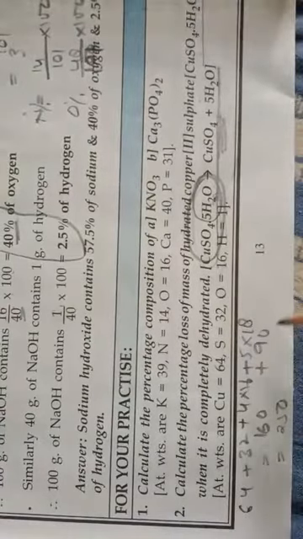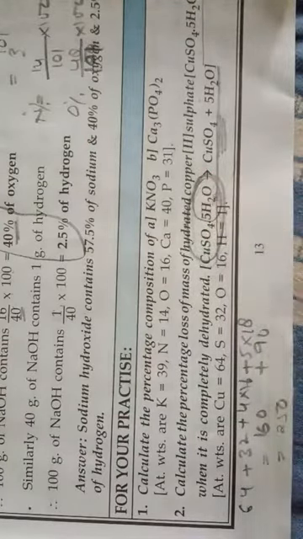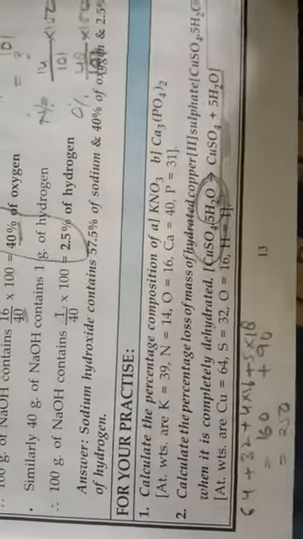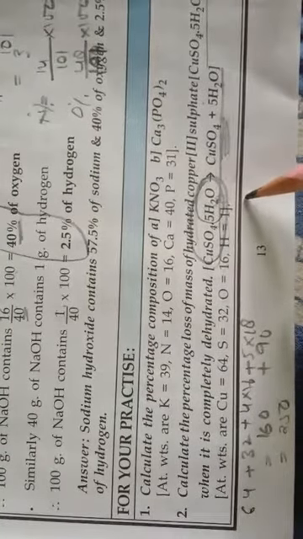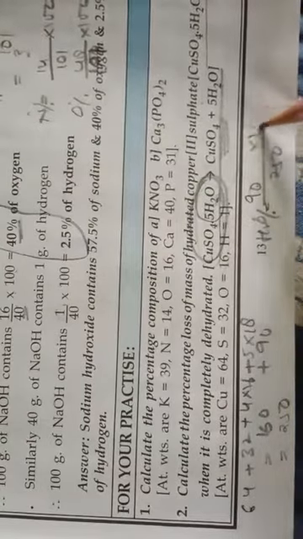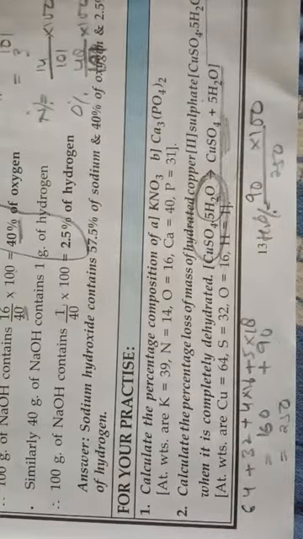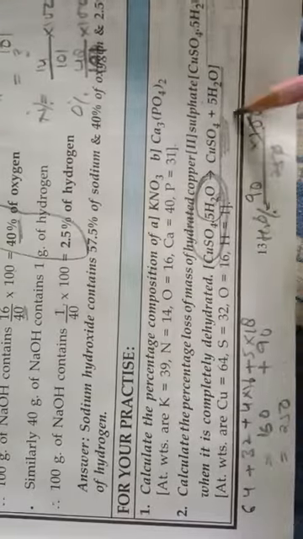Okay, so what is the percentage composition of 5 molecules of water in 1 molecule of copper sulfate pentahydrate? We have to calculate it. Okay children, so what is the mass of water? It is 90. So the percentage composition of water is 90 upon the molecular mass 250, into 100.